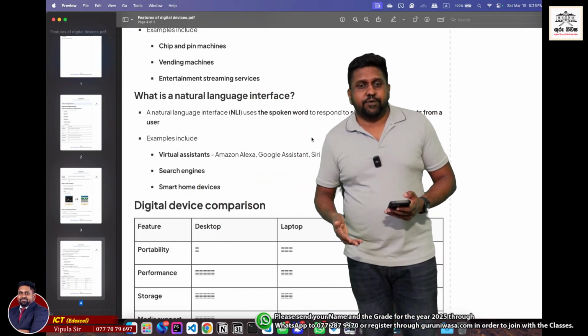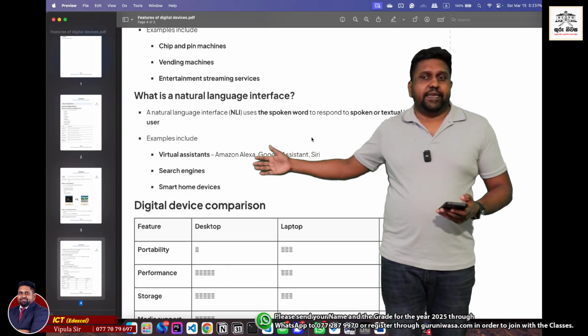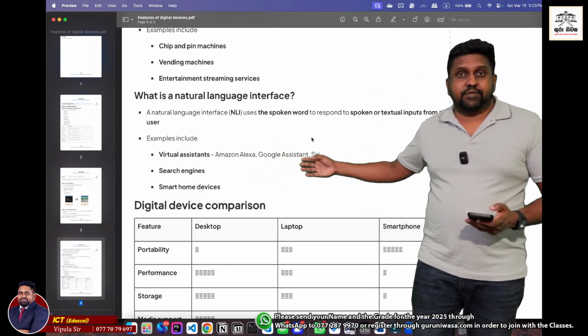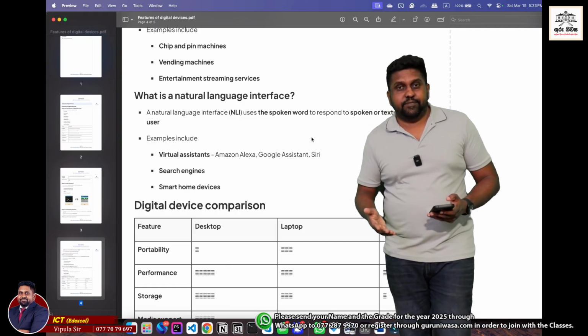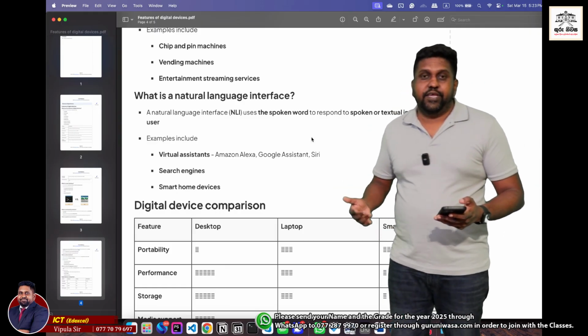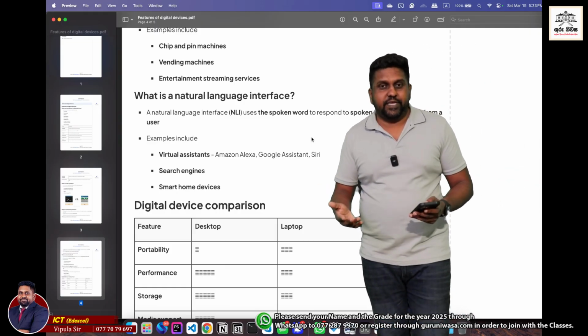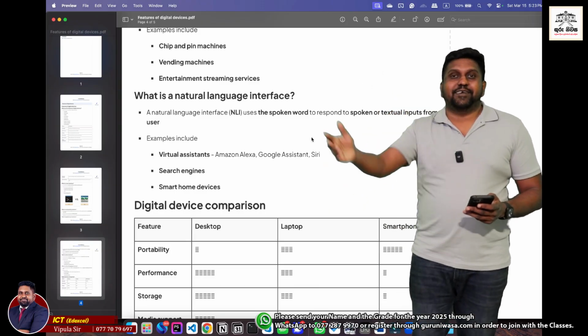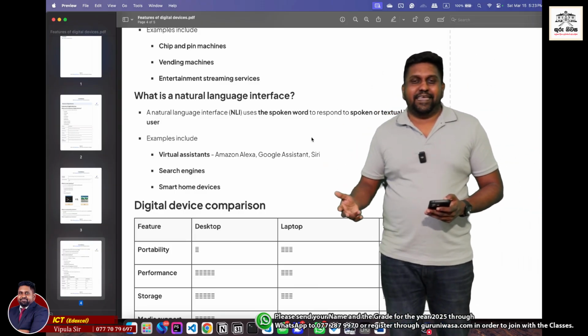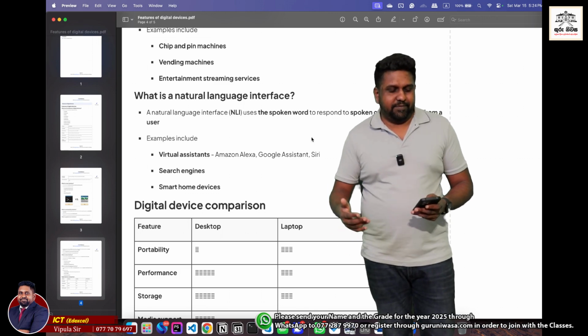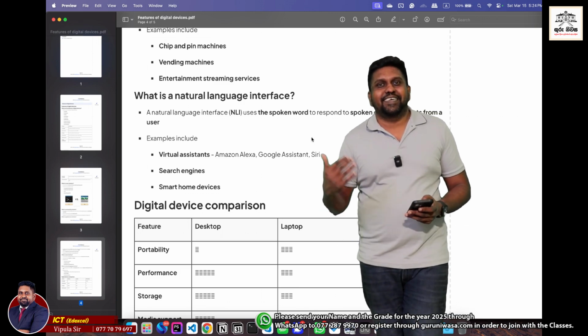The examples are mainly virtual assistants like Amazon Alexa, Google Assistant, and Siri. You can just say, "Hey Siri," and from there you can tell a command, and Siri will execute it, right? Or if you say, "Hey Google," it will listen to your voice command and it will work.